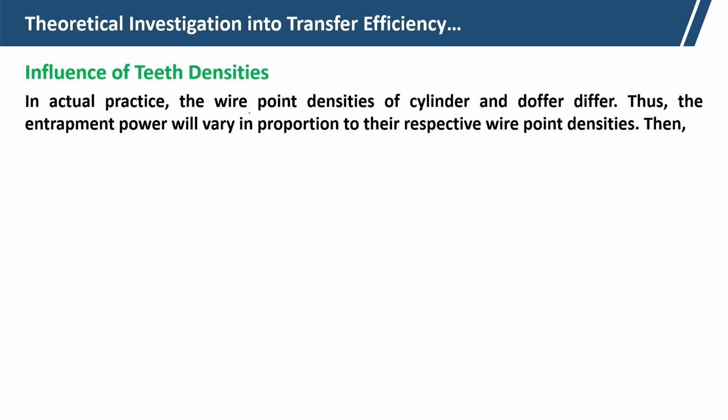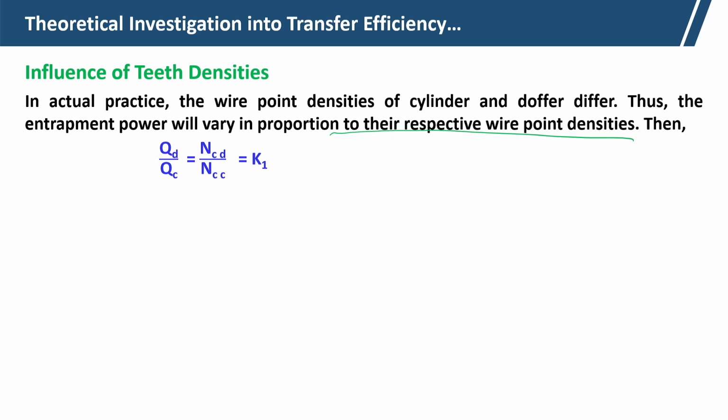So, we try to keep the wear point density of cylinder and doffer different, thus the entrapment power will vary in proportion to their wear point density. I have already mentioned, higher the wear point density, that means more surface of pins are presented, so more entrapment power will be there.